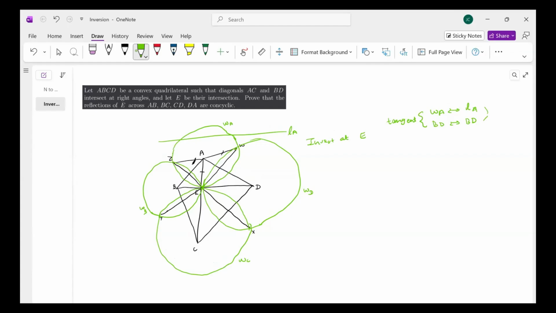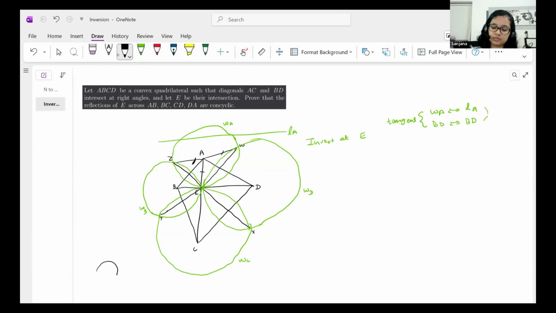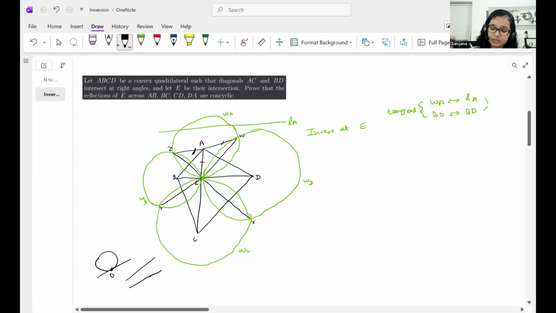Before, we did something like this: if you have a circle tangent to a line, and then you invert about this point of tangency, the line goes to itself, and the circle also goes to a line.